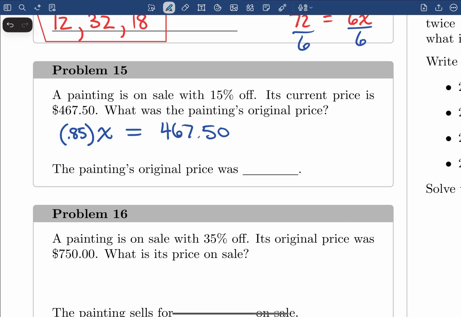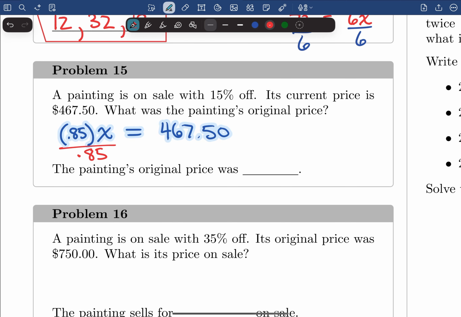Okay, so we now have an equation that we can solve for the variable, and you'll notice it's really fast to solve. All we need to do is divide off the 0.85 that we were multiplying with x. So we're dividing off 0.85, and we find out x equals, well, we'll get out our calculator and do a quick computation. And we get 550.